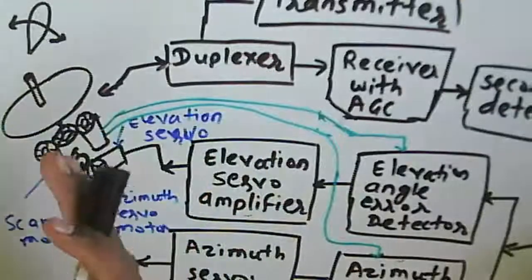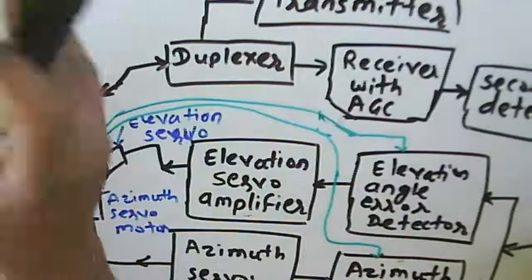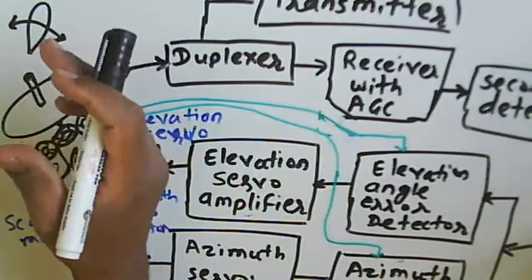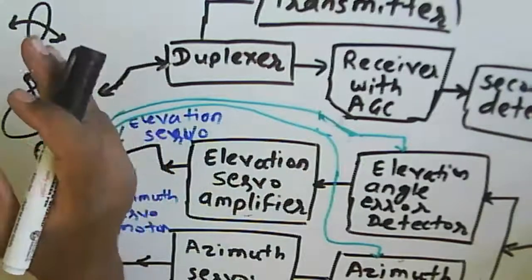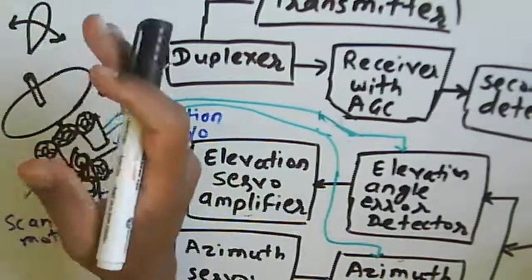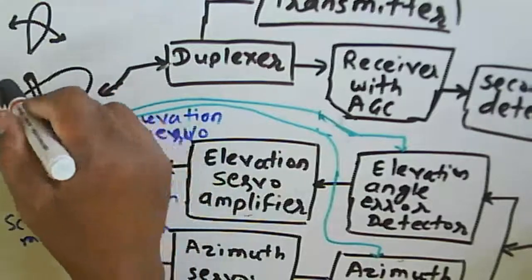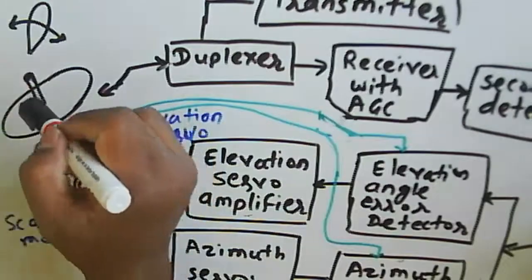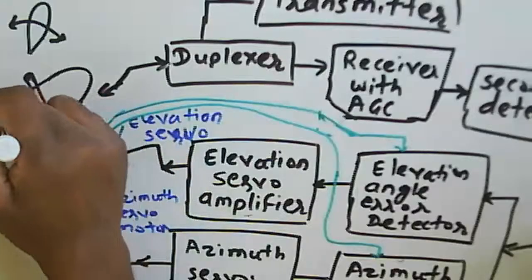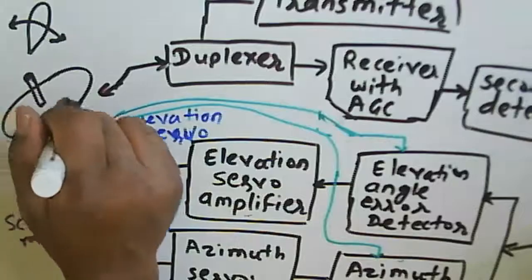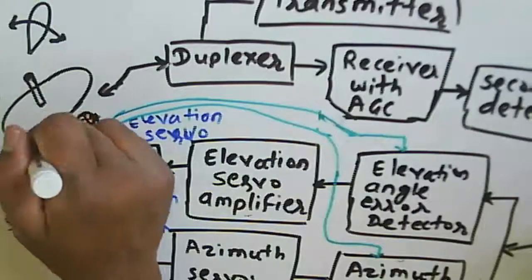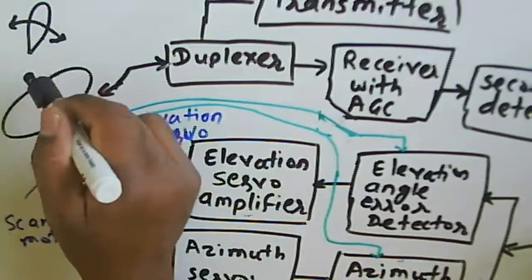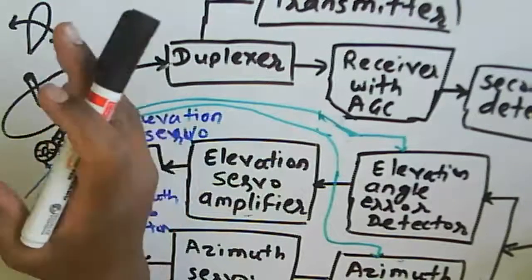Because the antenna is rotating in both directions, this particular condition is useful for the missile. In that case, the target can be locked or the target position obtained. What will be the rotation speed of this antenna? It will be 30 revolutions per second. Whatever scanning motors we are using, they are rotating at 30 revolutions per second.